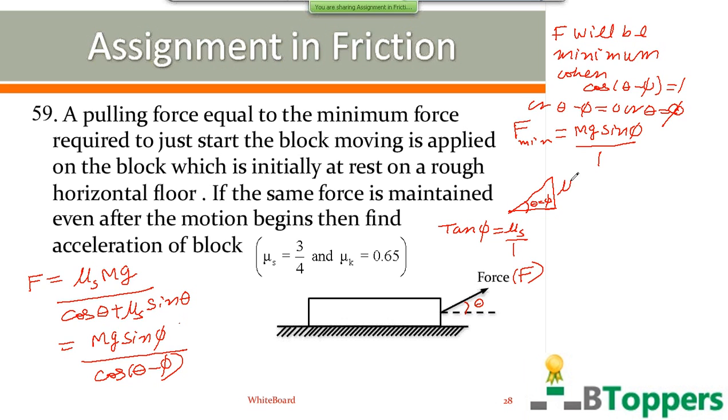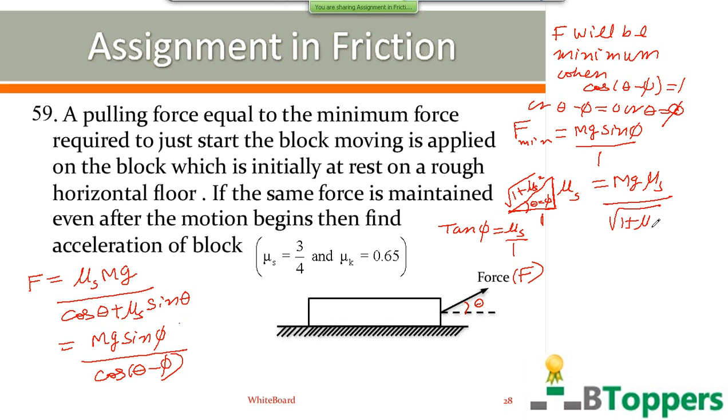So the side opposite angle phi is mu s, and the side adjacent to angle phi is 1, so that tan phi equals opposite side by adjacent side, that is mu s by 1. From Pythagoras, the hypotenuse is root of 1 plus mu s square. So when theta equals phi, sin phi equals opposite side by hypotenuse, that is mu s by under root of 1 plus mu s square.